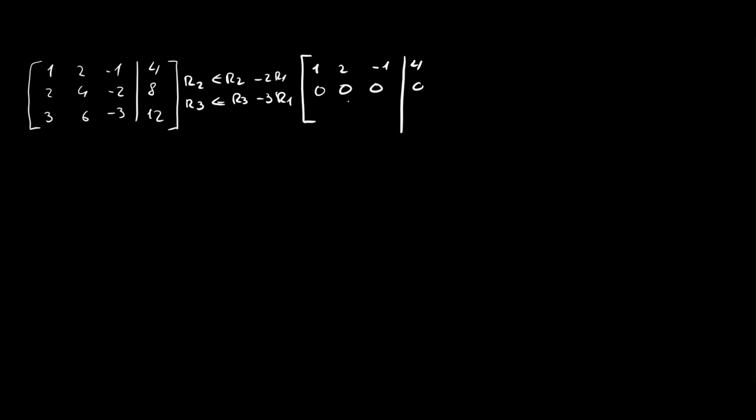Then we get zeros. And row 3 will be zeros as well. So what does this mean, guys? It means that we have unlimited amount of solutions.